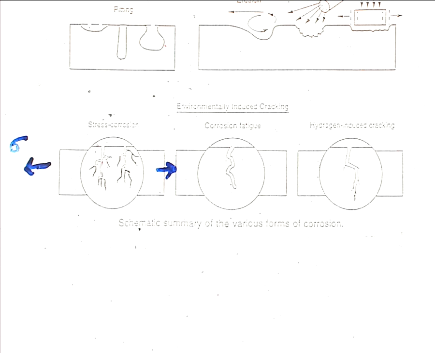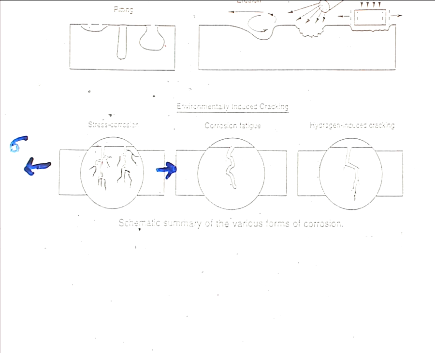So we've got material here, we get a crack growing through the material, and that crack will grow at right angles to the loading direction. Okay, so the growth of the crack is always at right angles to the loading direction.